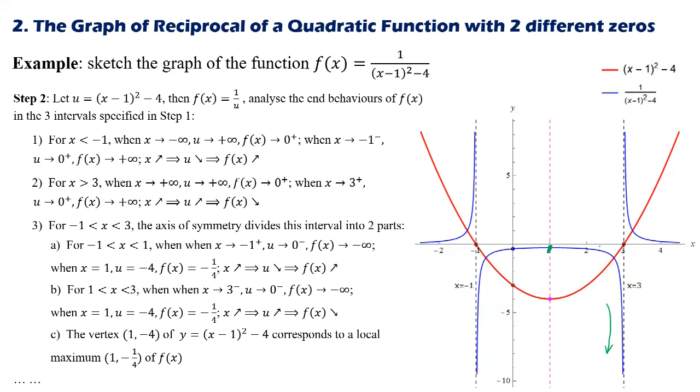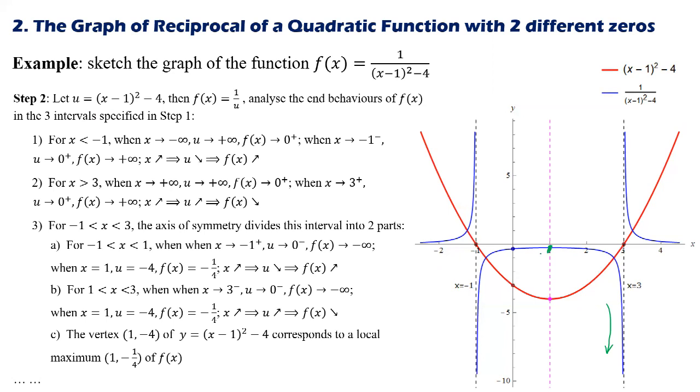When x equals 1, u is -4, and f(x) is -1/4. And in this interval, as x increases, the denominator u also increases, whereas f(x) decreases, right? So in this interval, as x increases, f(x) decreases. So it's a decreasing interval, right?